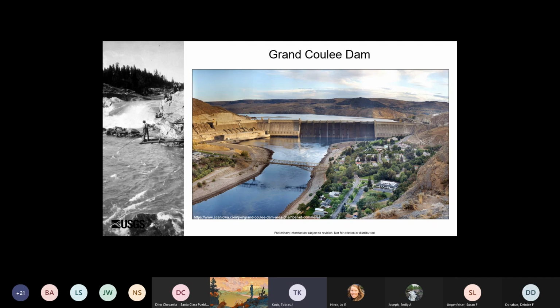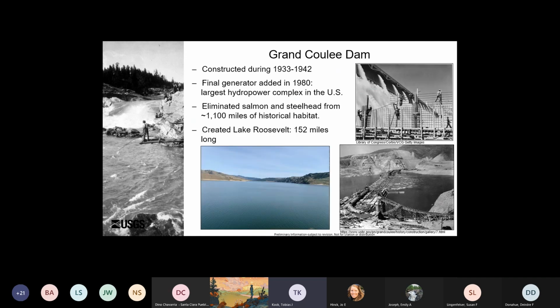Grand Coulee and Chief Joe, which we'll talk about in a minute, are the first and second largest hydropower facilities in the United States. There are some really great images of the Grand Coulee construction. If you get online and search those, there are some really good books that have been written on it. I'll talk more about those in my final slide. But Grand Coulee was constructed over about a 10-year period from about 1933 to 1942.